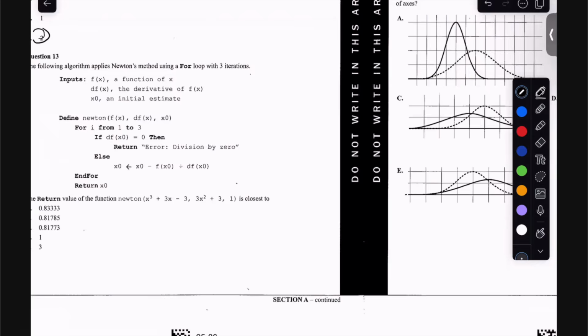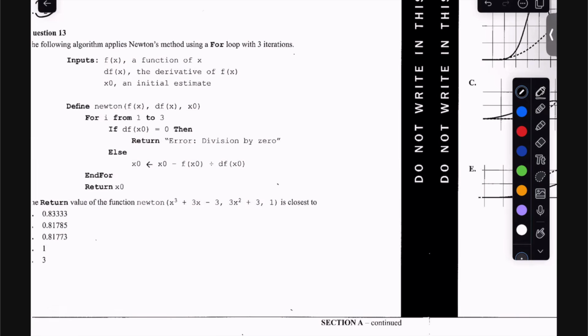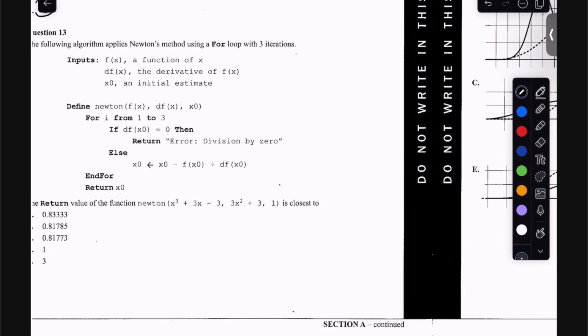Alright, Newton's method with 3 iterations. What would the return value of the function be closest to? We basically need to do Newton's method for 3 iterations. You don't really need to understand the pseudocode, to be honest. We just need to know the starting value. It says x0 is the initial estimate, so 1.